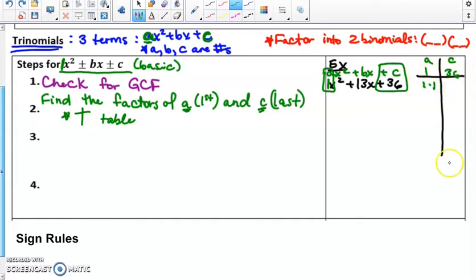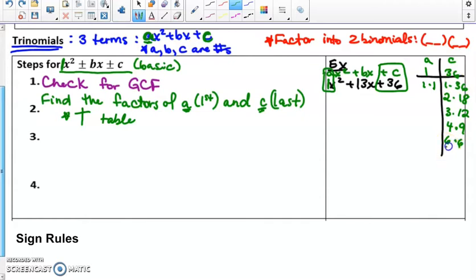To find your factors of 36, we're just going to start dividing. 36 divided by 1 is 36. So 1 times 36 is 36. 2 times 18 gives us 36, or you can do 36 divided by 2 and get 18 in the calculator. 36 divided by 3 will give us 12, so 3 times 12 is 36. 4 can go into 36 9 times, so 4 times 9. 5 cannot go into 36 evenly, 6 can. 6 can go into 36 6 times.